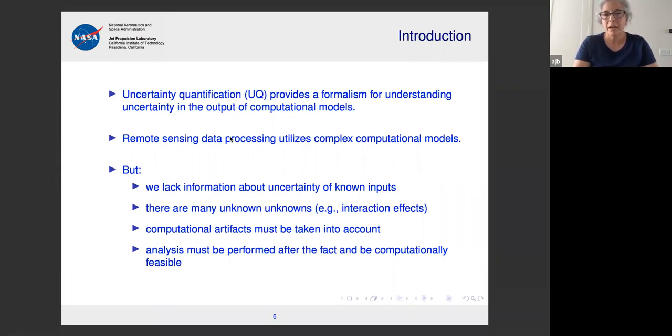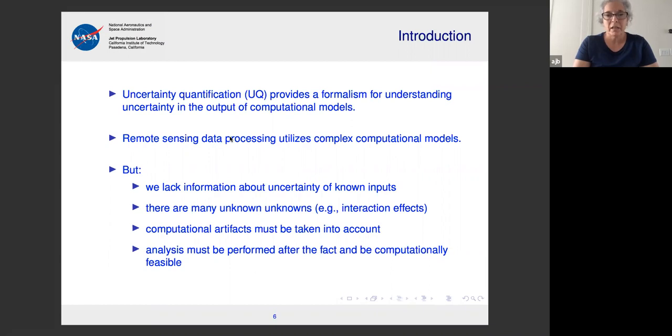And we have a pretty good idea about most of the inputs into our model. Here, we lack information about the uncertainty of our inputs. There are many unknown unknowns. In fact, we don't know really how many interaction effects there might be among the different things that go in, and we don't even know if we're missing something that should be an input to the model.